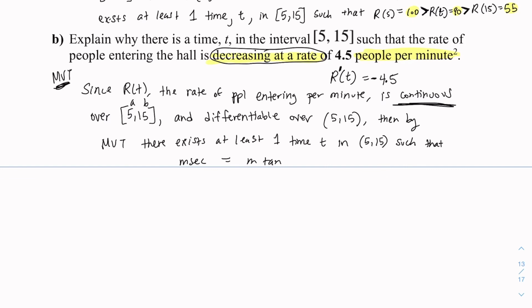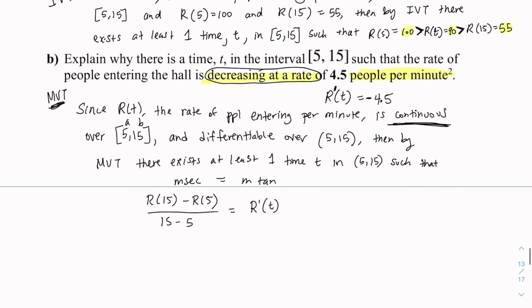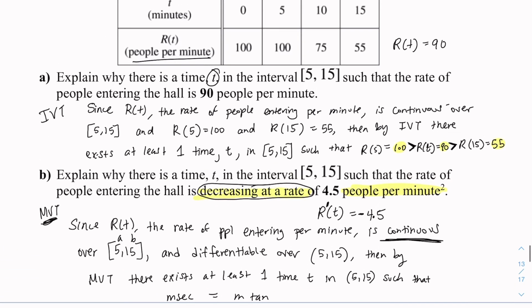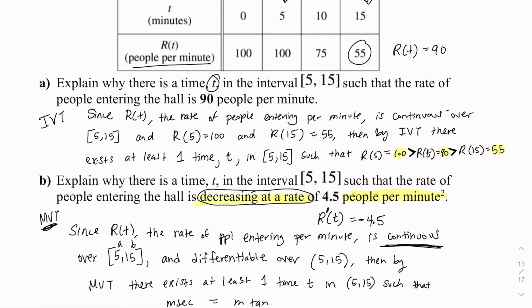So m sec is the regular old slope, rise over run. So we'll use r of 15 minus r of 5 over 15 minus 5, equaling m tan, which is r prime of t. Well, what is r of 15? We'll look back at the table. R of 15 is 55, and r of 5 is 100.